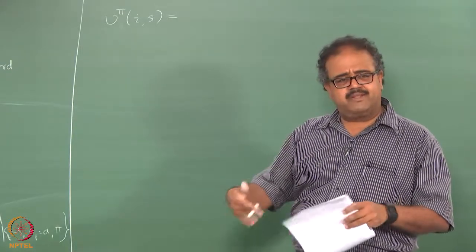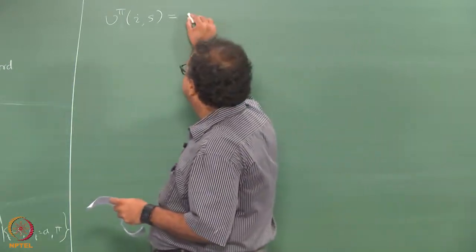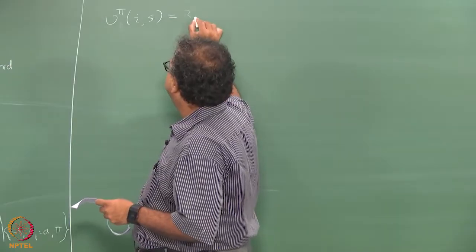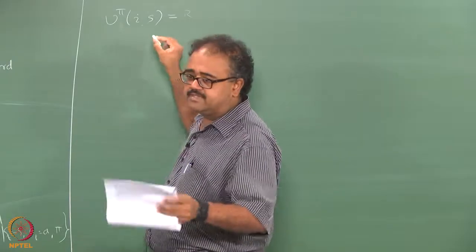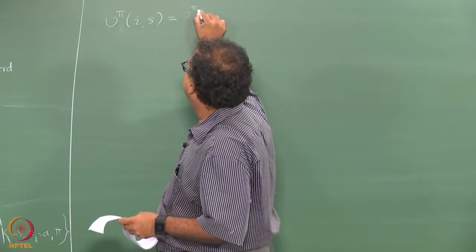So, you want to do Bellman style writing up, right. How will I do this? First, pick the cost corresponding to the first action you are doing, which will be, let us say, pi.